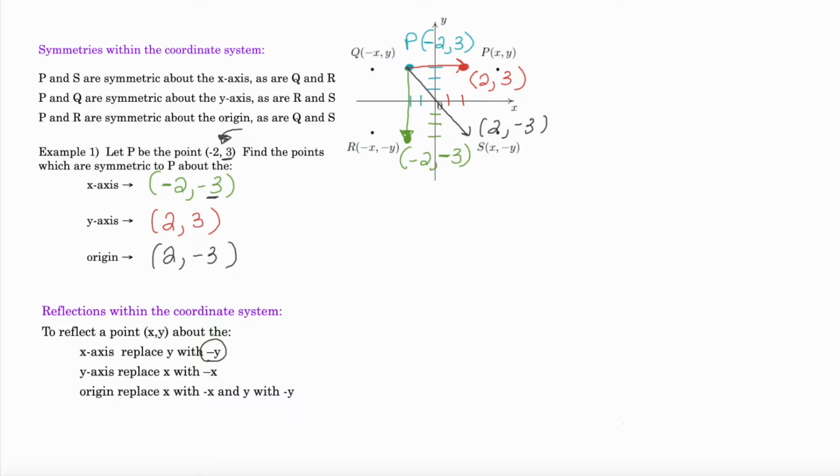When we went to the y-axis, the thing that changed was the opposite of x. So if I look at our x values, this is the point that changed. And when I look with respect to the origin, both the x and the y value change to their opposite signs.